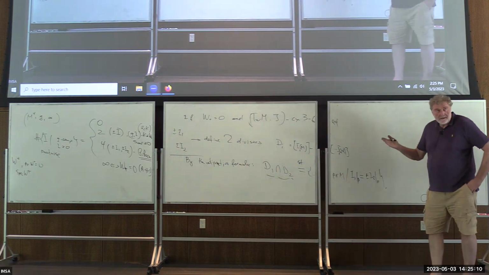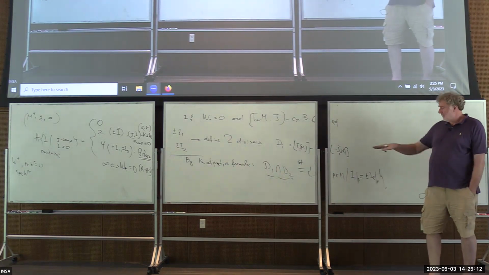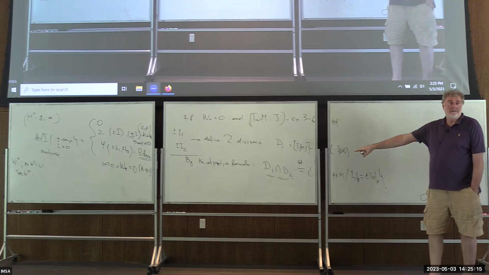And assume that they are actually divisors. There are many cases in which this is trivial.